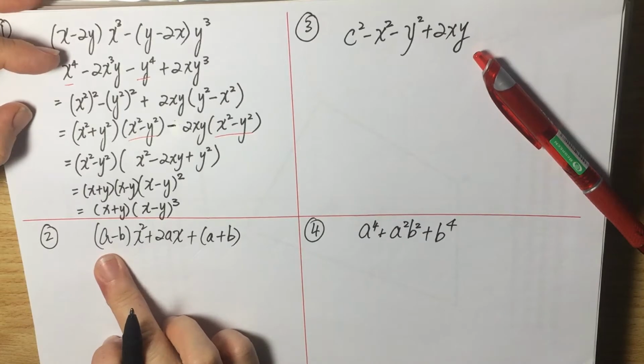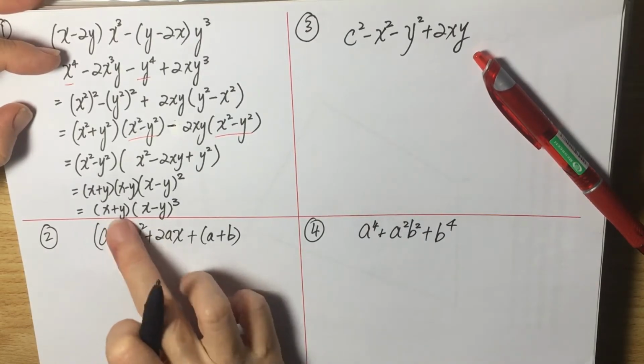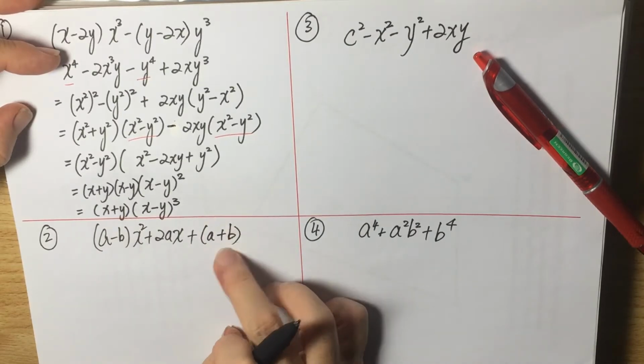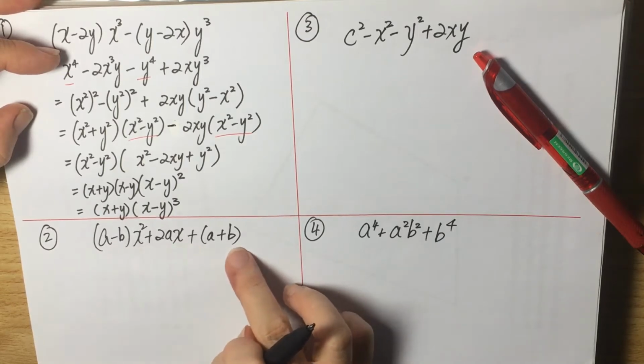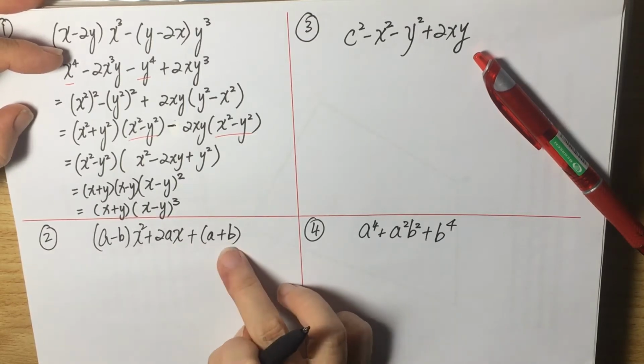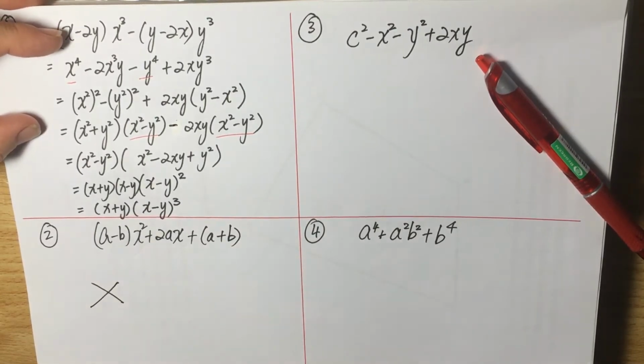Okay, next question 2. Can you see the x squared term? Then this is a constant term, and this middle term is the term of x. So it looks like the quadratic expression that we're supposed to factorize. So we could do cross method.